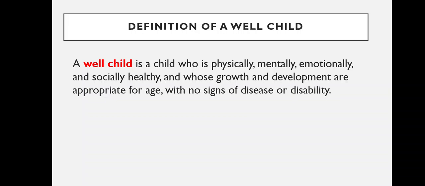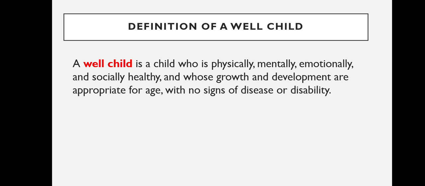If you look at the point saying whose growth and development are appropriate for the age, is the child's growth and development appropriate to the age? Is the child able to sit at 6 months? That's what we mean. Is the child able to walk at 1 year? Those are some examples of growth and development. And with no signs of disease or disability, that is considered to be the well child.